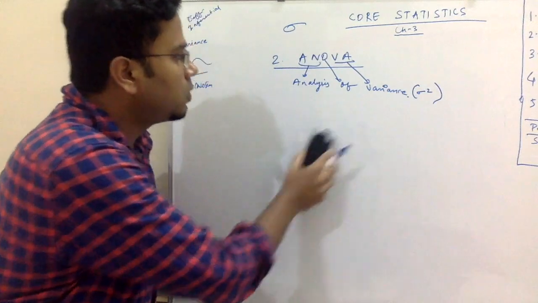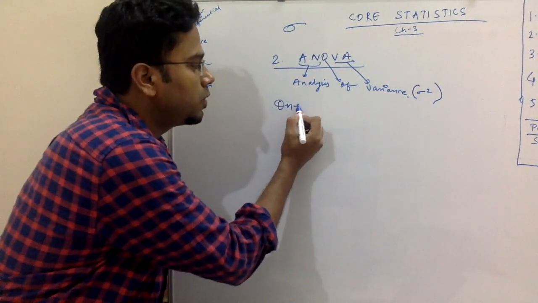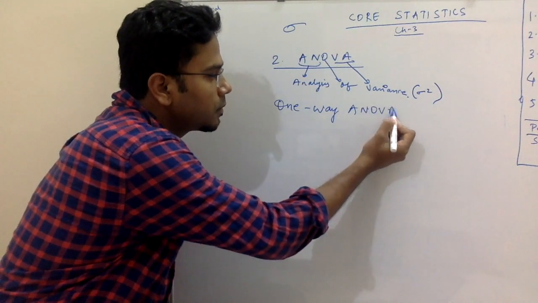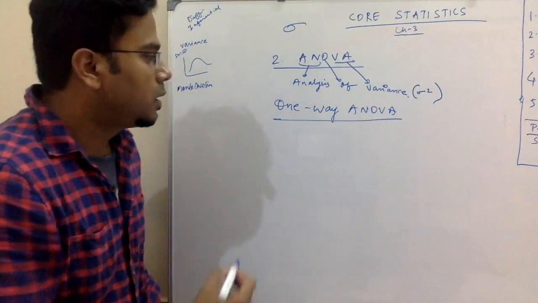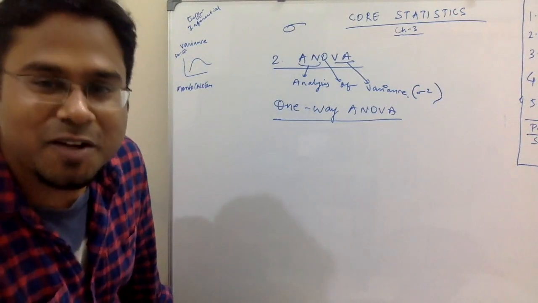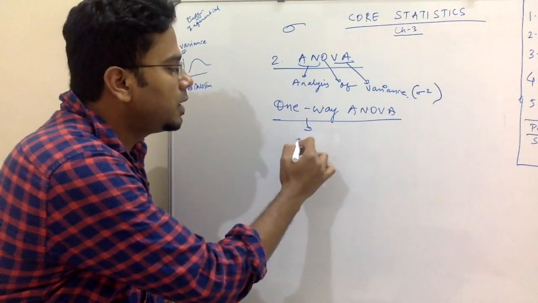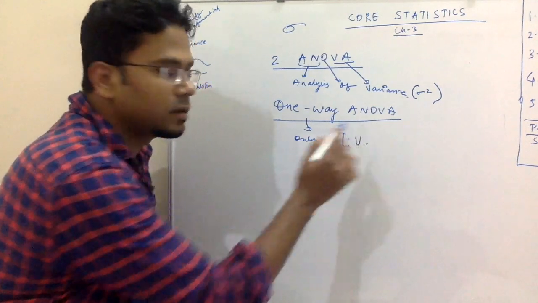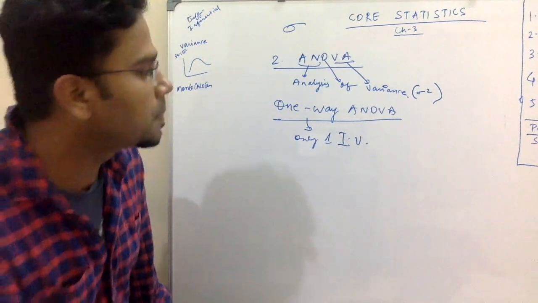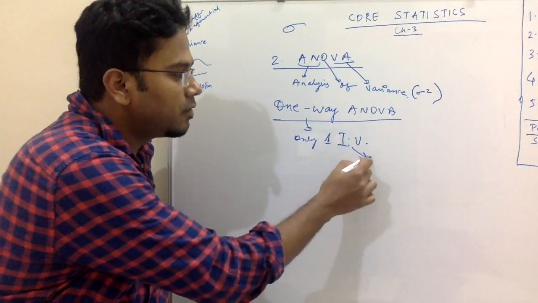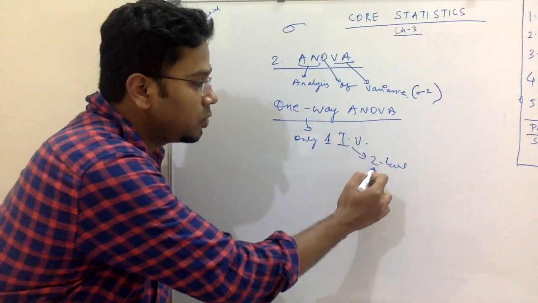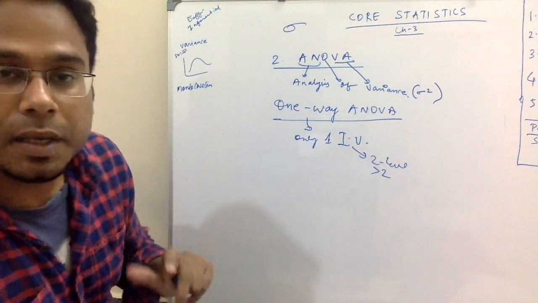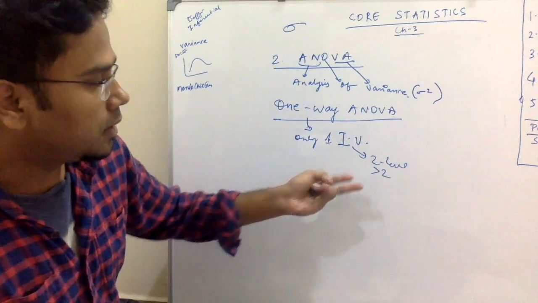Now, one-way ANOVA and two-way ANOVA. One-way ANOVA means only one independent variable. This independent variable can have two levels or more than two levels. It doesn't matter. It can be high, low, medium, super duper high, spectacularly high, whatever.